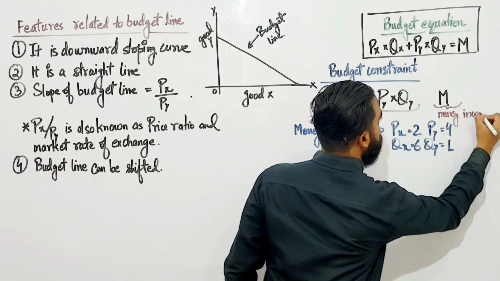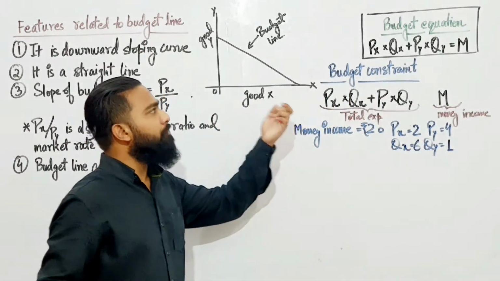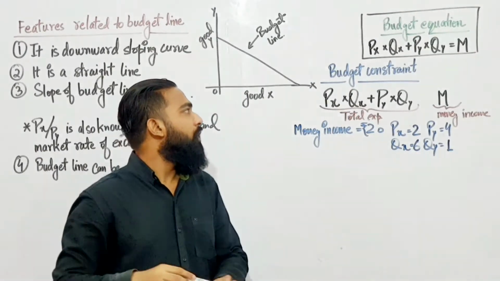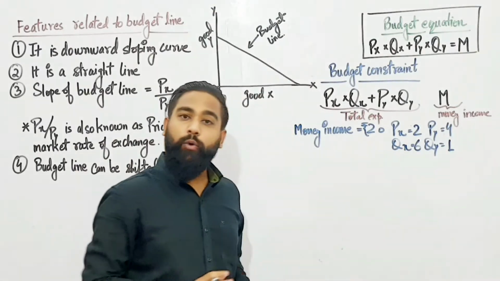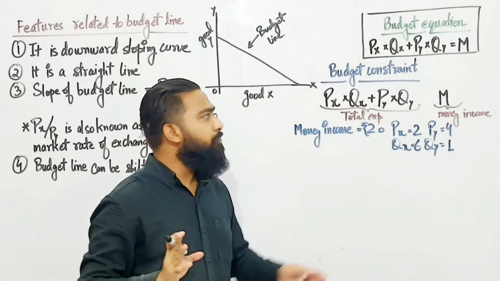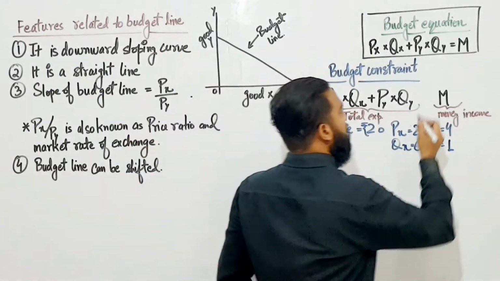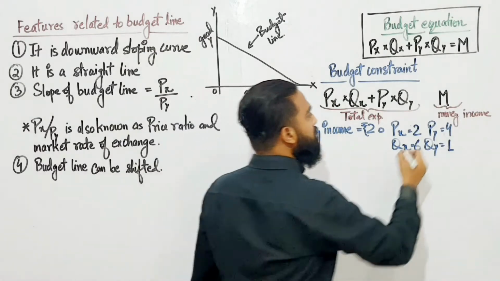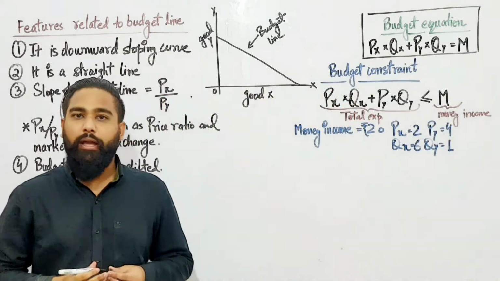That's the part, you know that. But there is one difference between budget equation and budget constraint, that the total expenditure can be equal and can be less than the money income. So instead of this equal to sign, we will use less than or equal to money income.